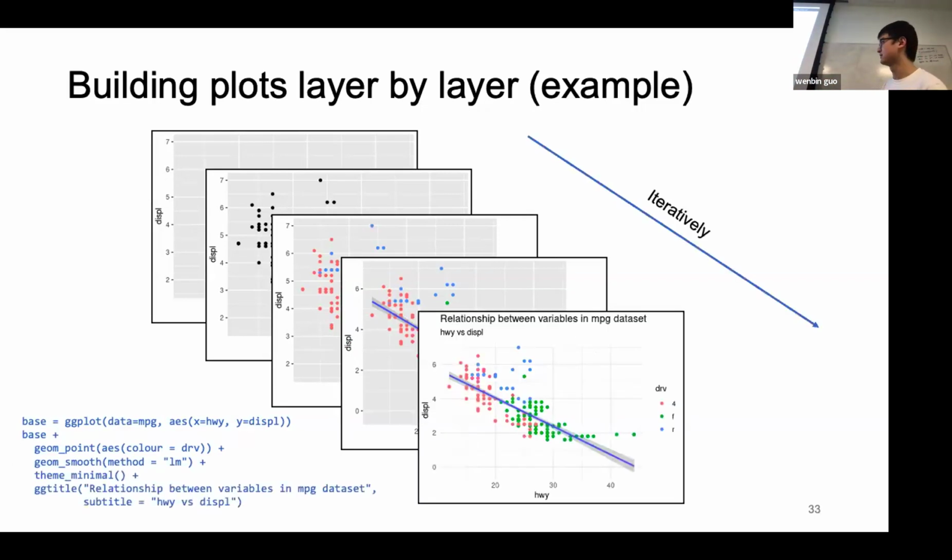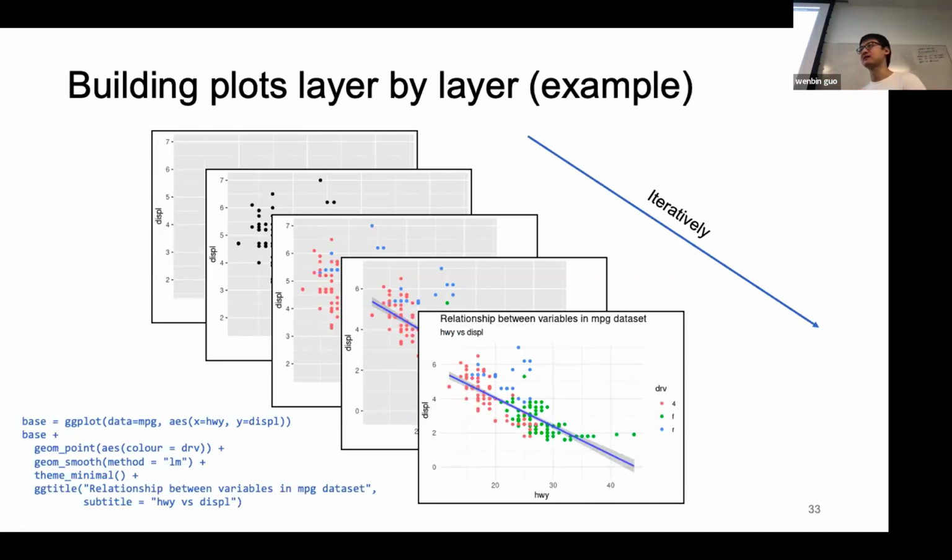And later, if you want to further polish the figure, you can adjust the theme or add some titles and subtitles to your plot. Here I show that we can add one component after another in an iterative way. This is a good thing, because sometimes we don't really know what the results look like.